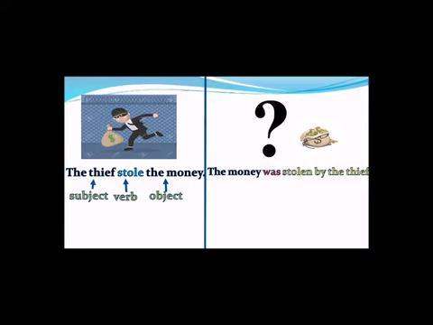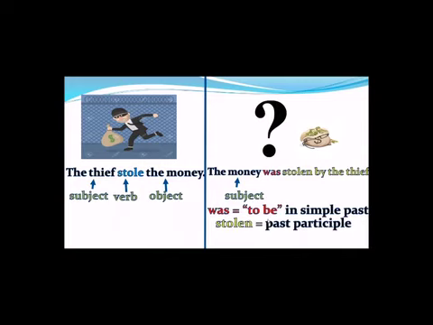Let's have a look at this sentence. The subject is the money, right? In the first sentence, the subject was the thief and the money was the object, but in the second sentence we have the money as a subject. Now we added the verb was, the verb to be in the simple past. We also put the verb stole in the past participle, which becomes stolen.